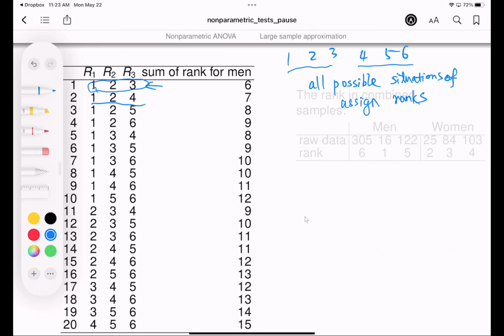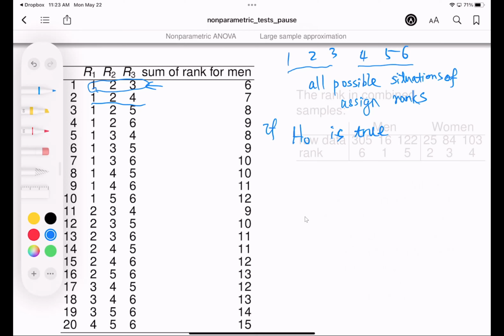Why do we have all these possible scenarios? Because if the null hypothesis is true, men and women have the same distribution in terms of the observed values. Therefore, whether an observation comes from men or from women, it should be equally likely to be anywhere among these 6 observations.